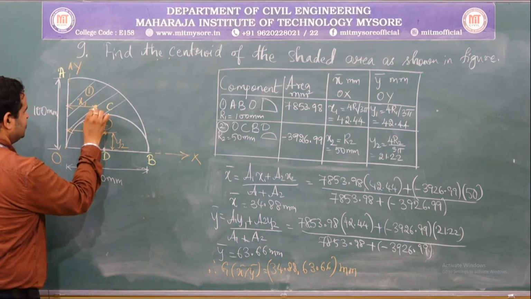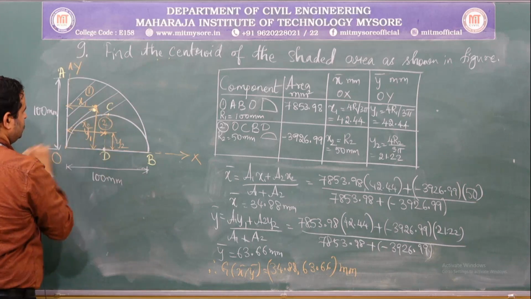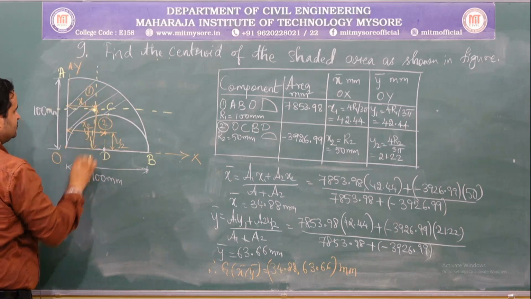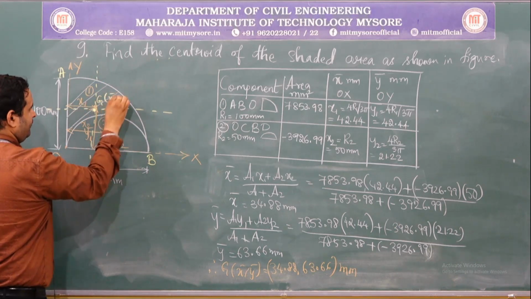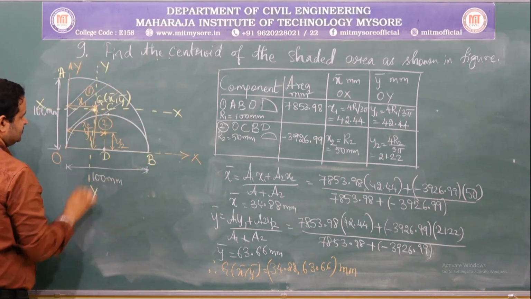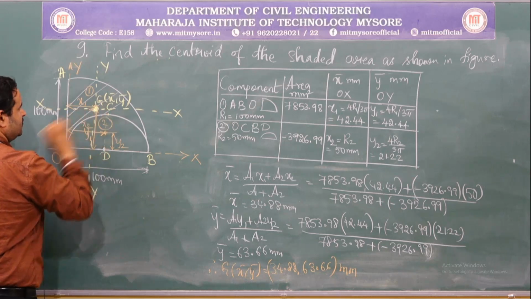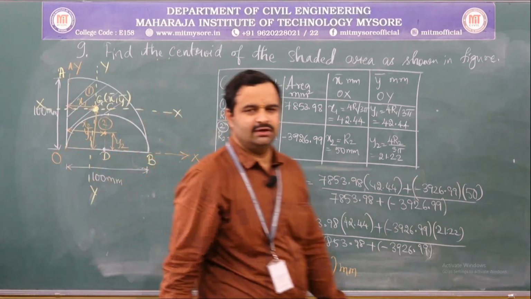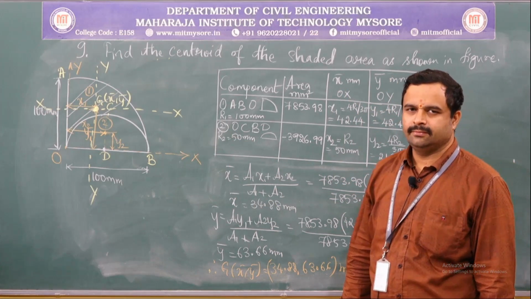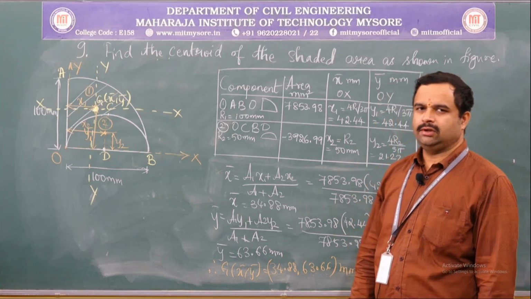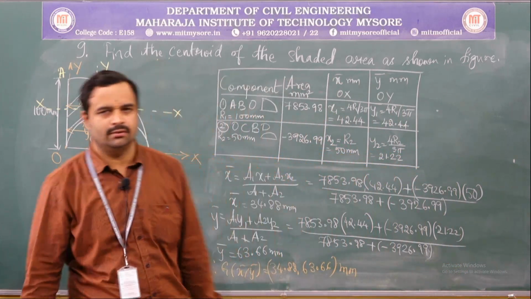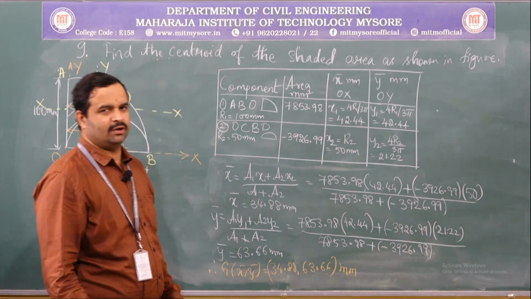So somewhere around this junction we can locate the location of G. So this point is the location of the centroid of the given lamina, that is, shaded region. I hope you have understood this. Clear? Okay. Let us move on to the next problem then.